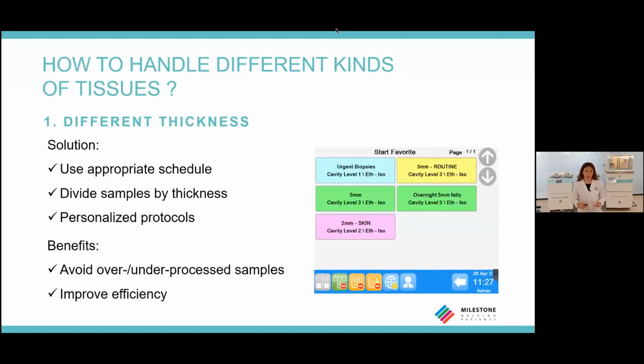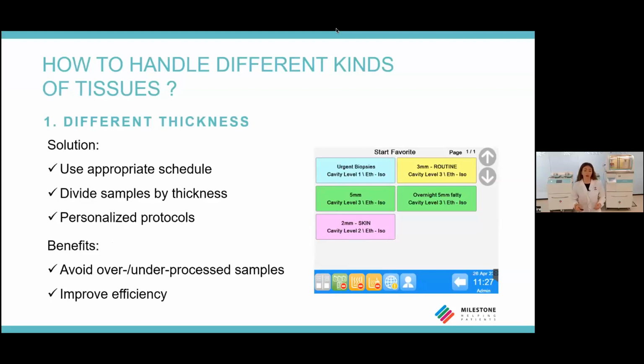It's now evident that to improve the quality of the outcome it is important to use an appropriate schedule for the tissue type. To do this, we suggest to divide the samples by thickness to have the possibility to process them in the correct time.